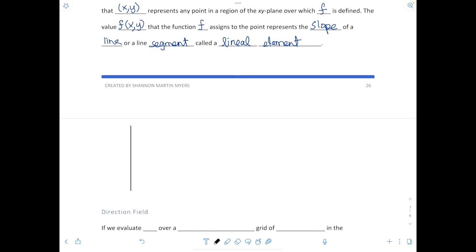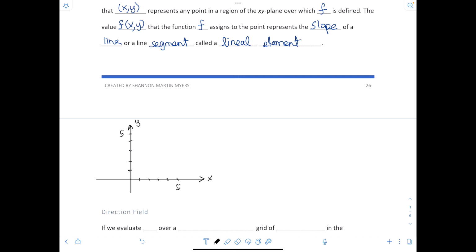If you have something like this, and we've got x here, we have y here, and 1, 2, 3, 4, 5, 1, 2, 3, 4, 5.